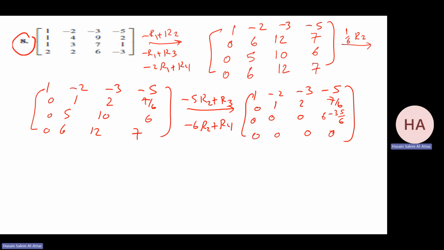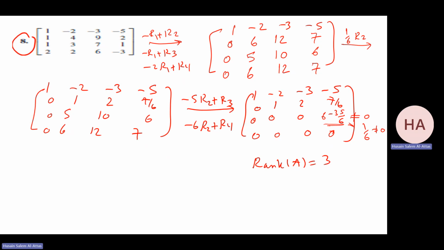Minus 6 and add. So this is not equal to 0. So the rank of A equals 3. This is a number, I don't care what it is, but it's not equal to 0. Actually, it's 1 over 6, which is a nice one. It's 1 over 6, not equal to 0.